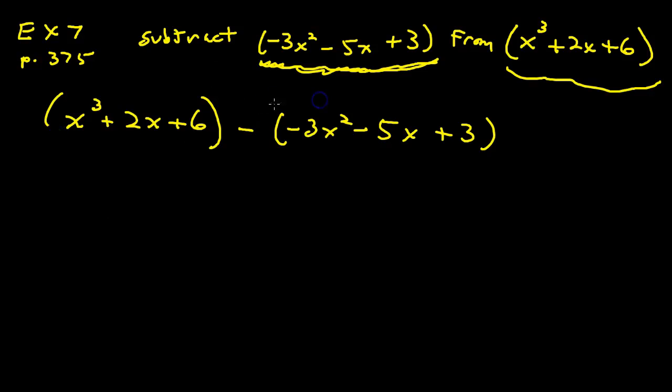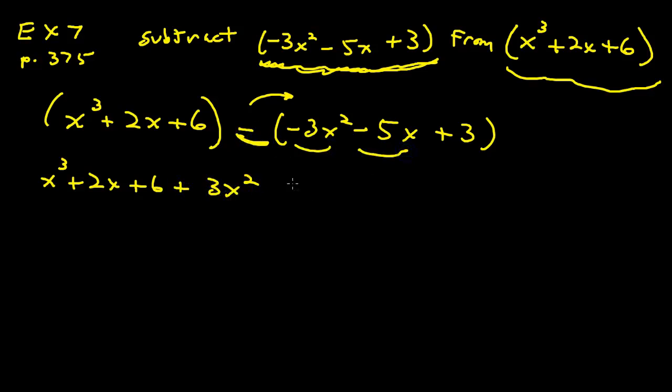I will distribute this negative sign, carry it through that second polynomial. I can drop the parentheses on the first polynomial because nothing's going on outside of it. Here I get a minus 3x squared is plus 3x squared. Minus 5 is plus 5, plus 5x. And minus plus 3 is minus 3.